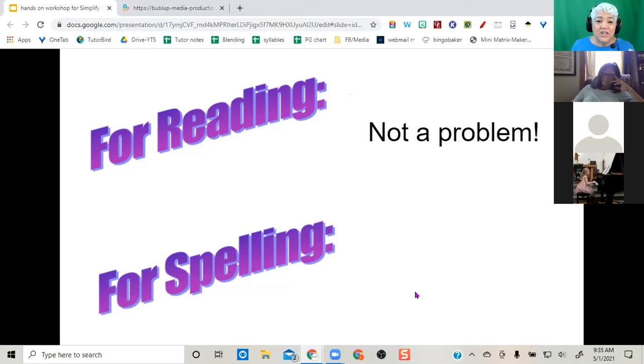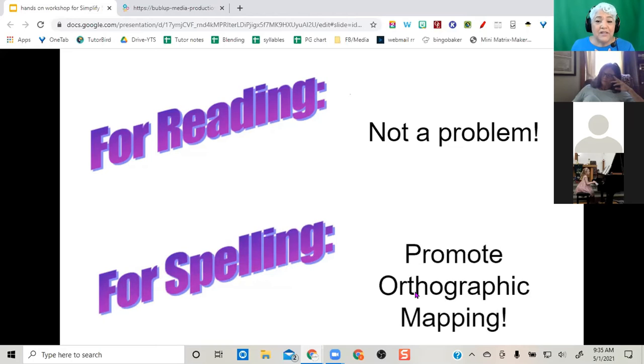This is where there's an issue, but the best we can do is promote orthographic mapping by getting our students to pay attention to the sound-symbol correspondence. And they may have to do that 4 times or 400 times. If they need to learn the spelling, the best we can do is promote orthographic mapping.